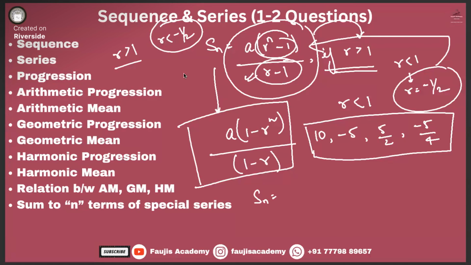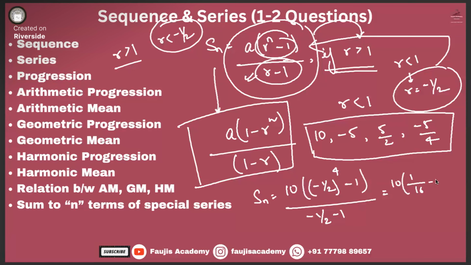So A is 10, R is minus half, raised to the power n, say 4, minus 1, divided by R minus 1. So this is 10 times, 1 by 16 minus 1, divided by minus 3 by 2. Can any one of you calculate and tell me how much this is?